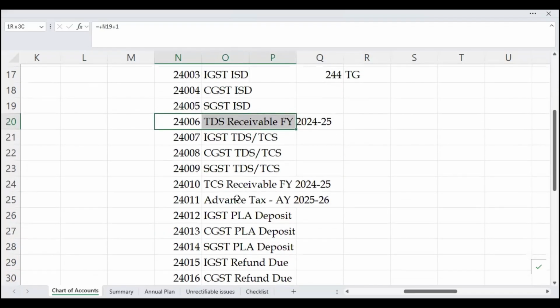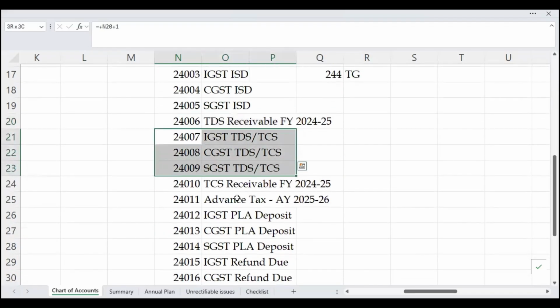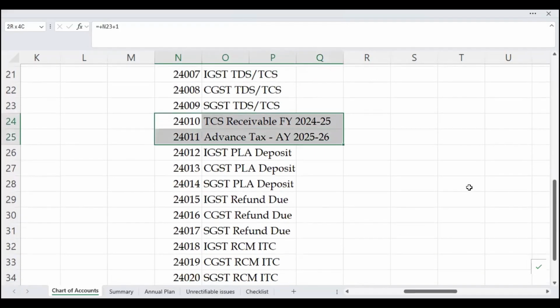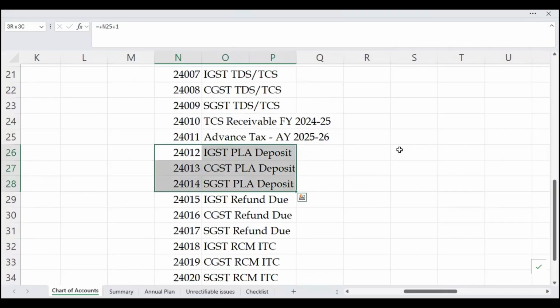Similarly, TDS or TCS, when I supply to a government company, the government company deducts TDS 1%, 1 plus 1, 2%, or TCS 0.5%, 0.5%. So when I account for that, these are the GL codes. TCS receivable under income tax, again, this is a code. Advance tax, this is a code. IGST, CGST, SGST, PLA deposit, cash ledger.